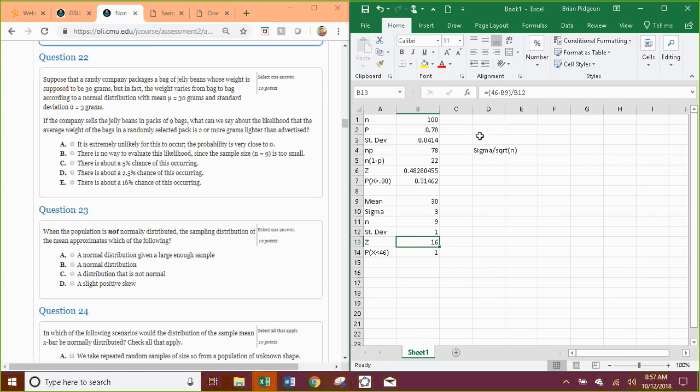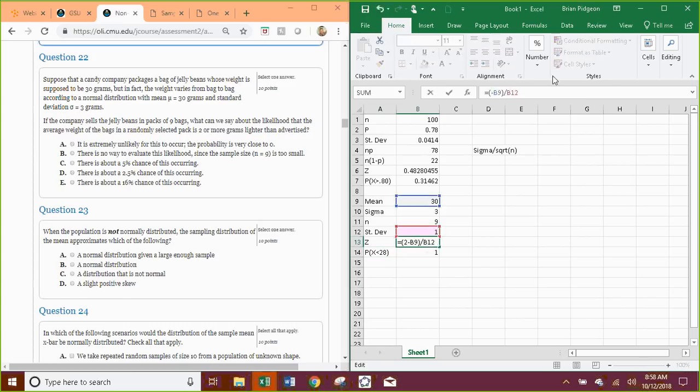And look at that. It's calculating everything for us. Be careful, though, because our z and other values are different. So we want, what is the probability that the average weight of the bags in a randomly selected pack is 2 or more grams lighter than advertised? It's advertised to be 30, so 2 or more grams lighter means less than 28.